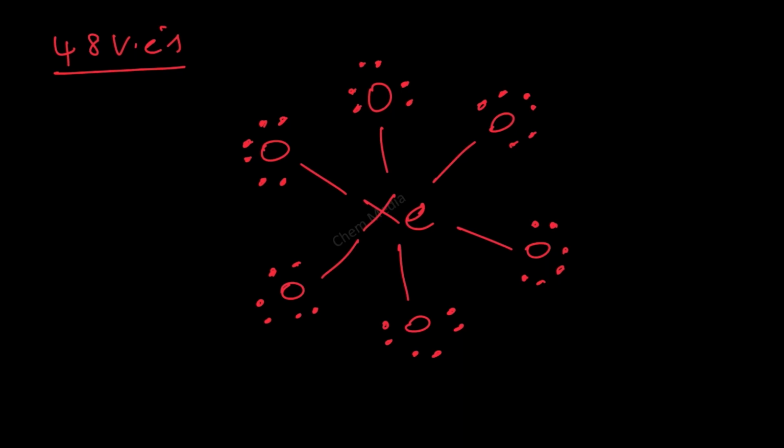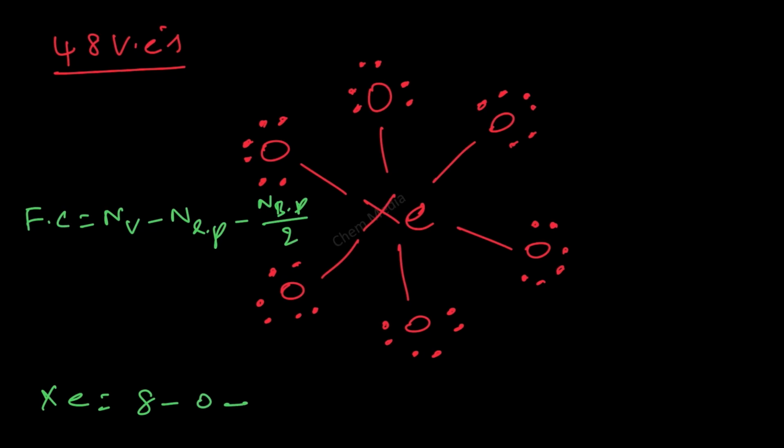Actually, it is not. Because if we calculate the formal charge for this, formal charge is equal to number of valence electrons minus number of non-bonded electrons, that is lone pairs of electrons, minus number of bond pairs by 2. So therefore, for xenon, this is equal to 8 minus 0 minus, we have 6 bond pairs, so 12 by 2.